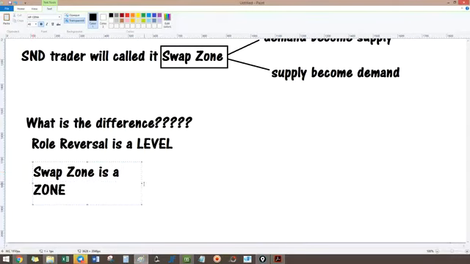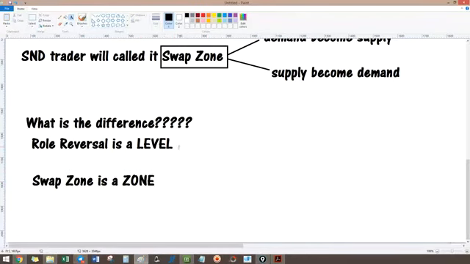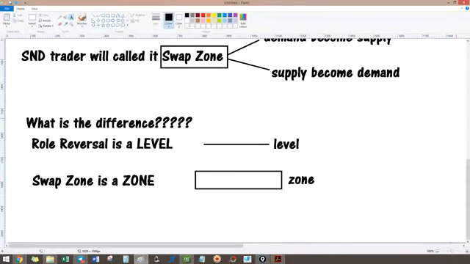When you have a zone, you know how many pips your stop loss is and everything. If you have a level, you only have a point like this. This is a level, and this is a zone.